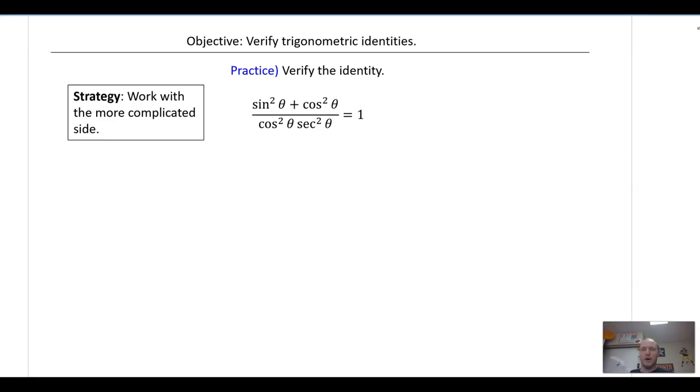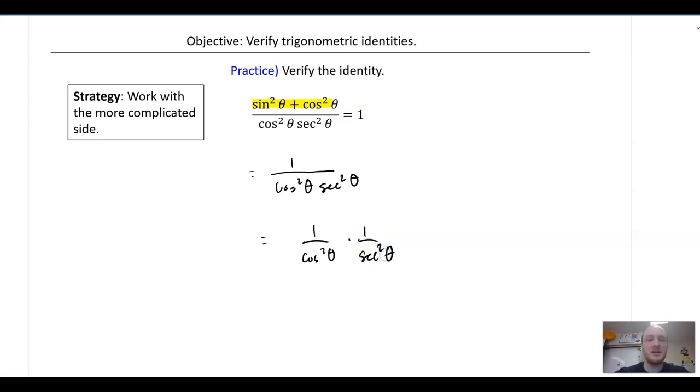All right, so hopefully you have paused the video. I want to point out, I hope right off the bat in the numerator, you saw a Pythagorean identity, sine squared plus cosine squared, right? So that is 1. Okay, this gives us 1 over cosine squared theta, secant squared theta, which is equal to, and I don't know if you knew we could do this, cosine squared theta times 1 over secant squared theta.